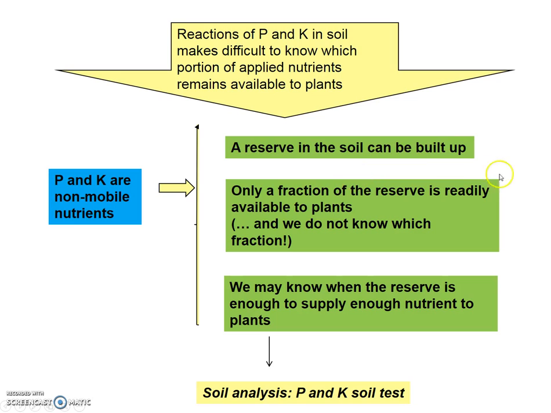But in any case, a reserve in the soil can be built up, although only a fraction of the reserve will be available to the plants, and it is not easy to know which fraction that is.